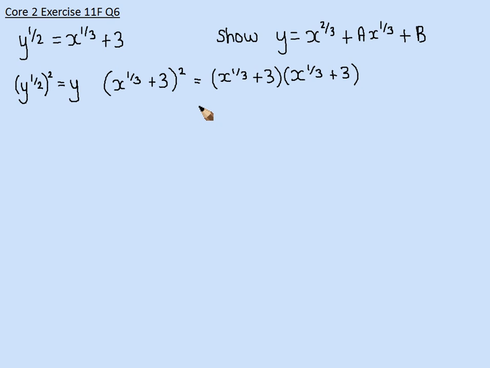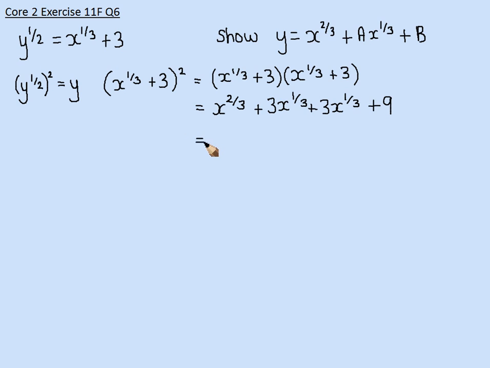Now expanding our brackets, that gives us x to the third times x to the third. When we multiply, we add the powers, so x to the 2/3, which is what we've got here, so that's good so far. We're going to have 3x to the third and another 3x to the third, and then 3 times 3 is 9.